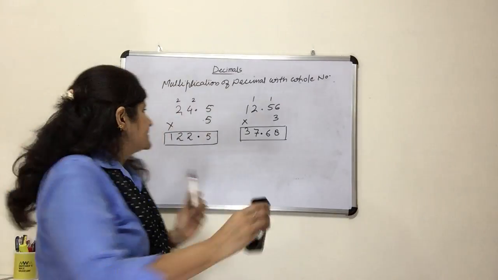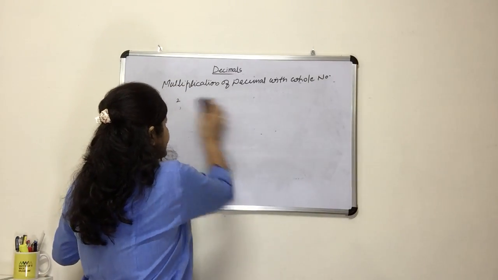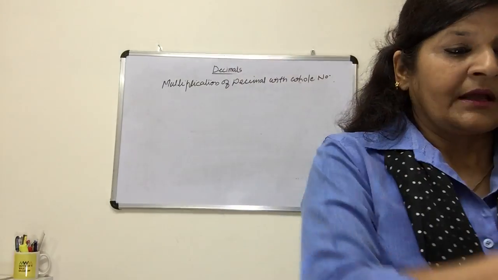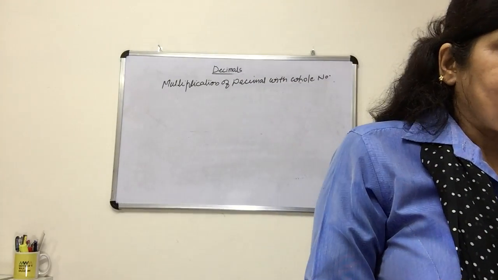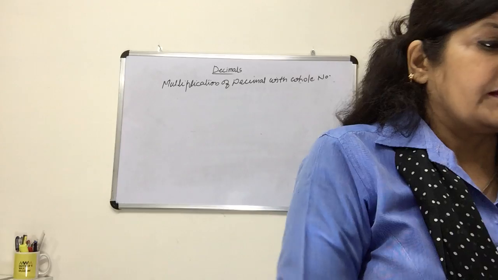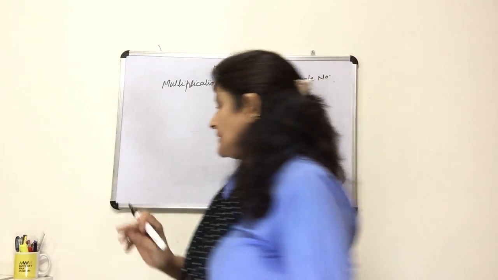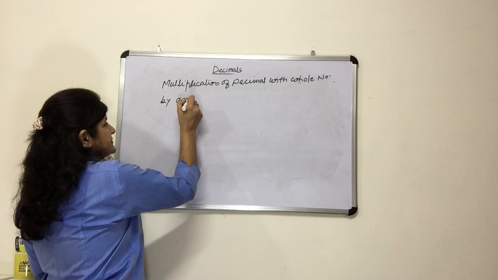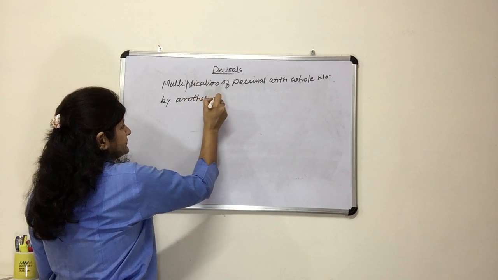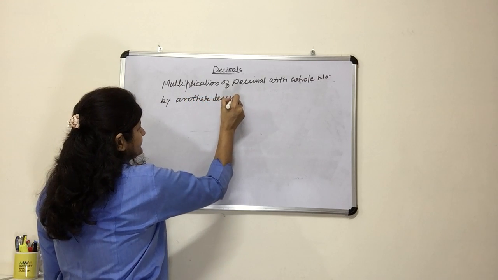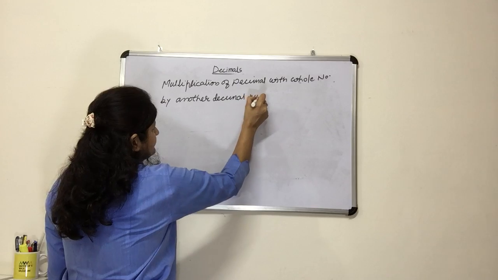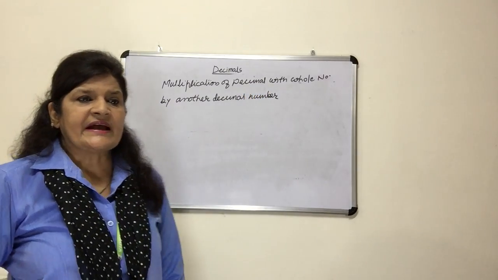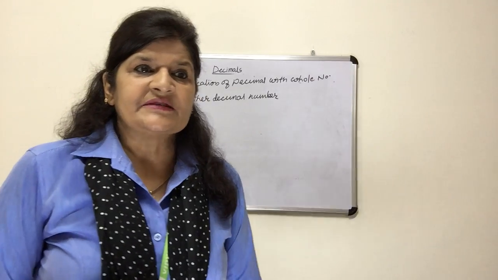Now the second is multiplication of a decimal by another decimal number.